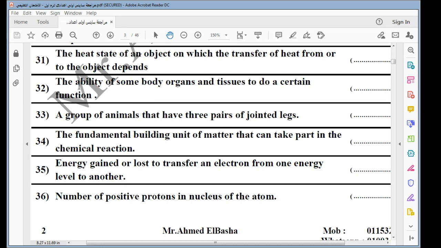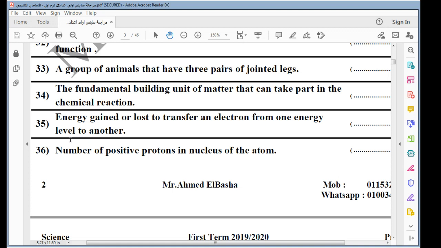Functional adaptation. Number 33. A group of animals that have 3 pairs of jointed legs. Of course, this is the insect. Number 34. The fundamental building unit of matter that can take part in the chemical reaction. Of course, this is atom.